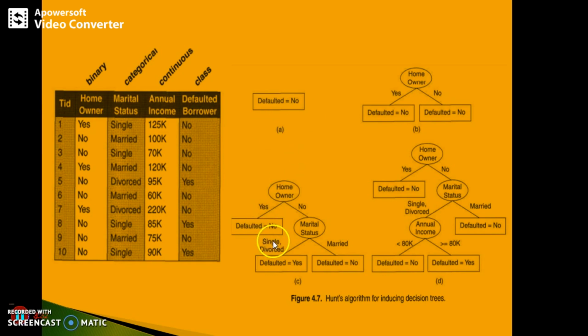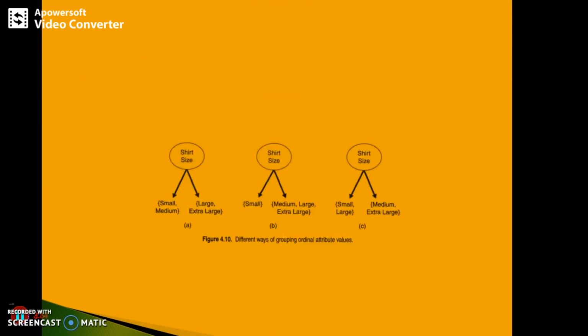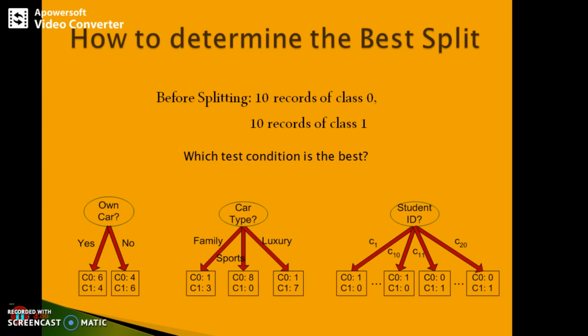Then in the next step we continued with the next attribute, and in the last step we added the last attribute, right? There is actually a way to find out whether the chosen attribute is going to give us the best result, or the right classification. So choosing the best split is one of the challenges. We'll see how to find out the best split. Yes, let's see this example. You have an attribute.